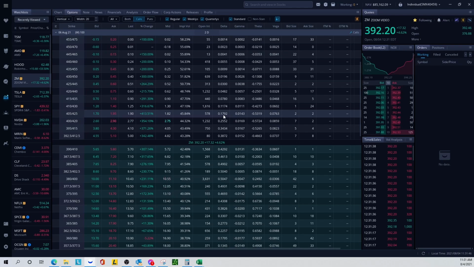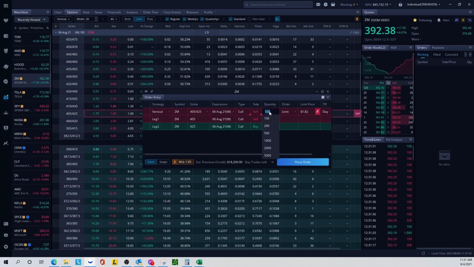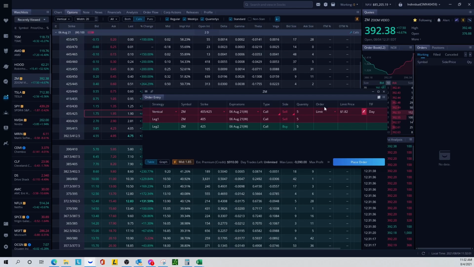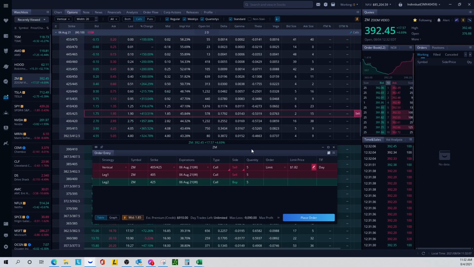So normally what I do is just sit here, and a lot of the time I would have my order ready to go. So I would be selling 5 contracts. This is the net sell, and I described what a call credit spread, or vertical spread, is in the group.